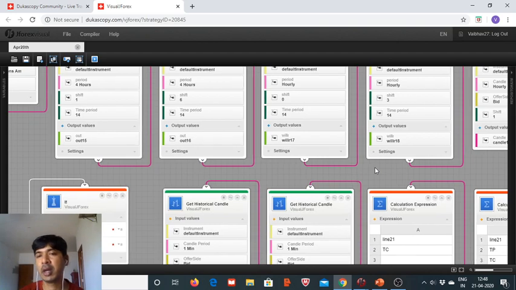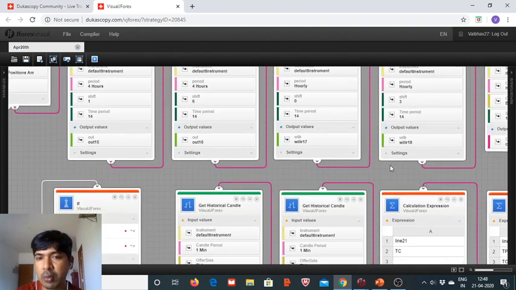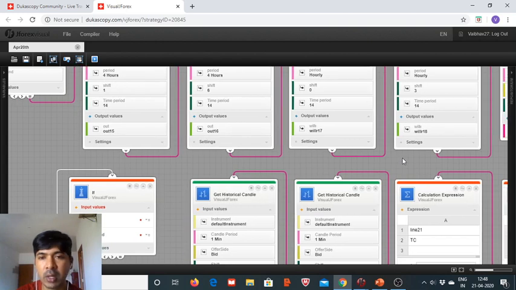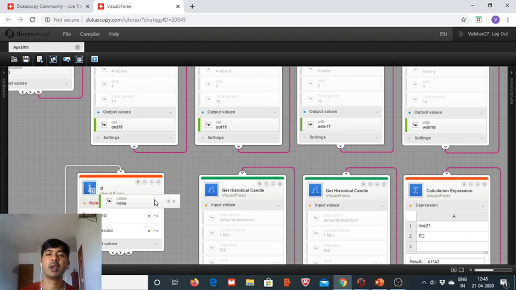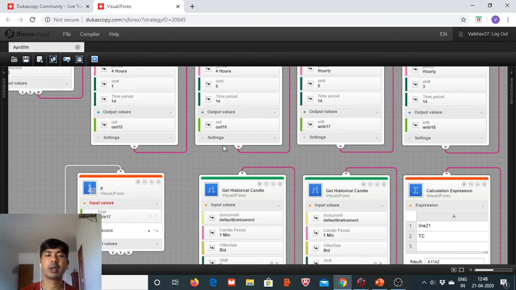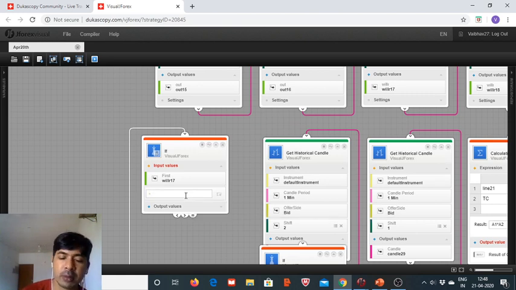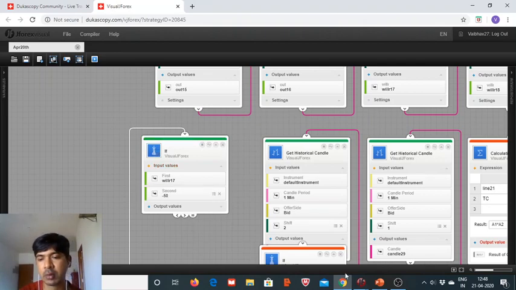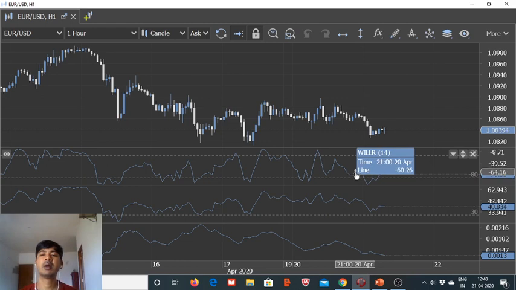just to ensure that here we are actually looking at the current value, not shift 1. So the current hour's value will be looked at and it should be below minus 50. Here I would like to show you on the chart as well.